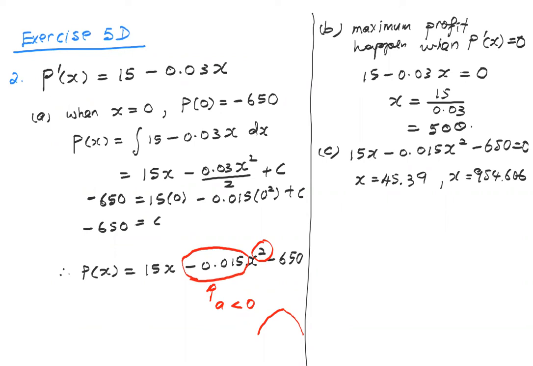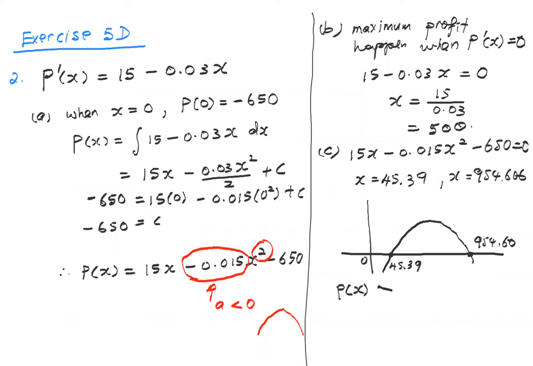And by the knowledge of how the graph goes, you go like that. So this is 0. So this point is 45.39, and this point is 954.60. So now the issue is, I want P(x) to be greater than 0, and x must be a whole number.